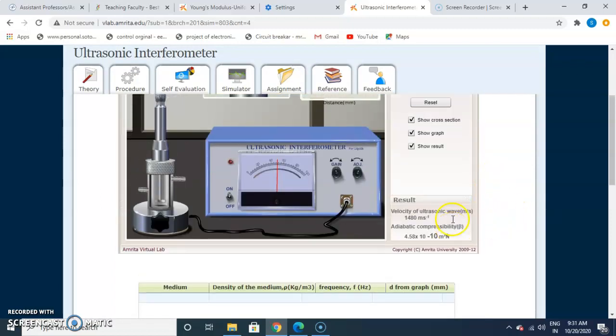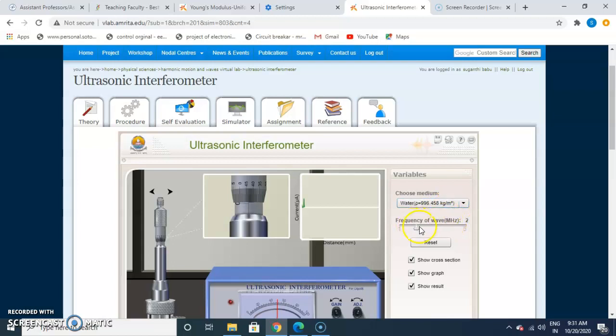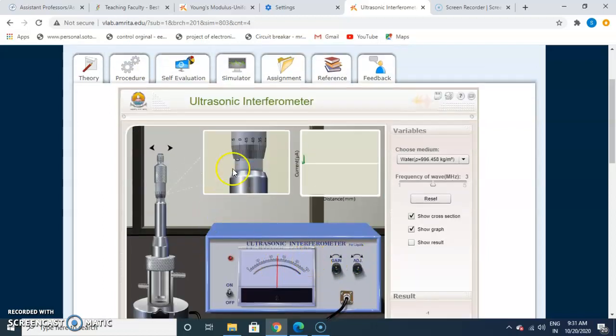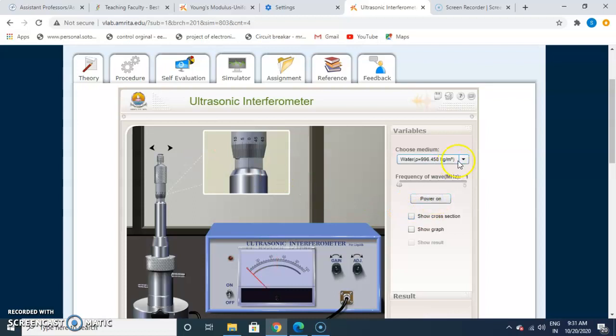Once again I'll show you. Now I'm resetting and fixing the frequency as 3. Now power on.